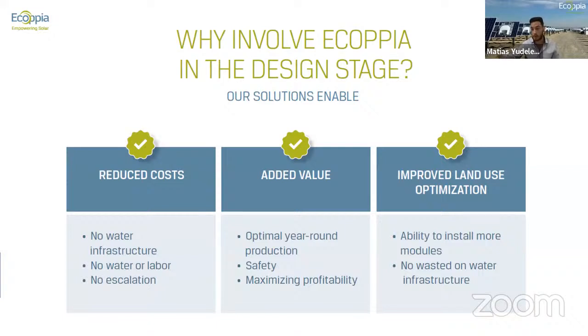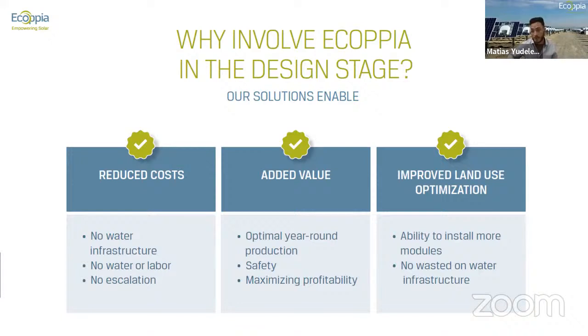On the other hand, is the added value that we provide to the plant. Optimal year-round production and performance, as I mentioned before in the graph of soiling power loss, right? We do not clean on specific cycles a year. We clean year-round, therefore maintaining power performance of the plant. And therefore, we maximize the profitability, we lower the cost, and also maximize the production.